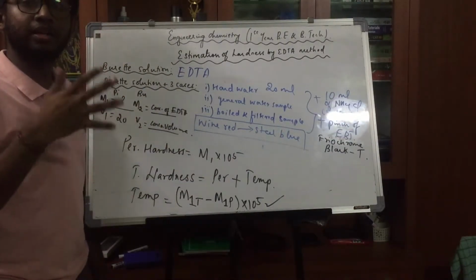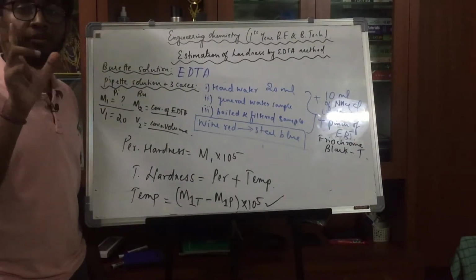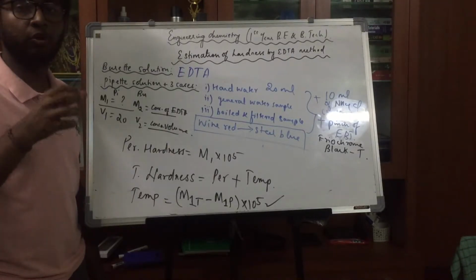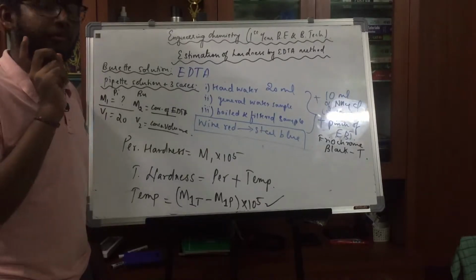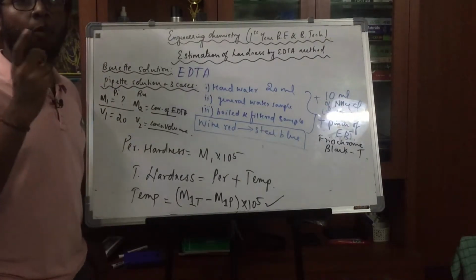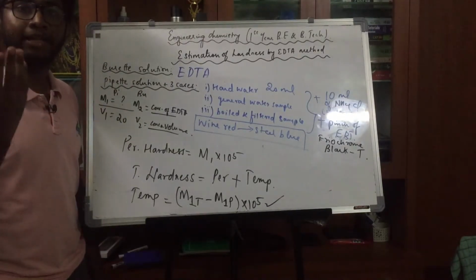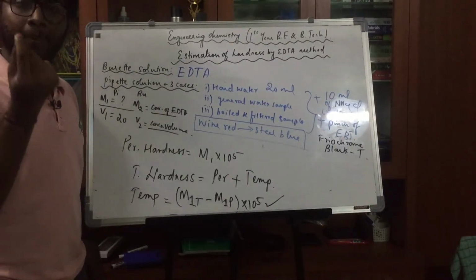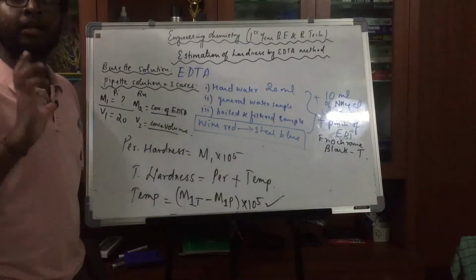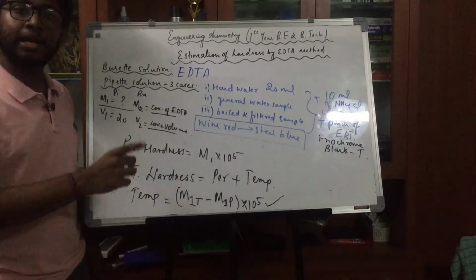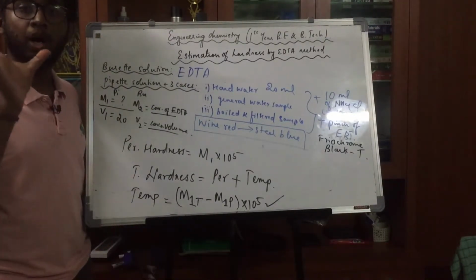All these samples are taken in a volume of 20 ml by pipetting it out. And then you add 10 ml of ammoniacal chloride, which is the buffer solution to maintain the pH. And then you add a pinch of EBT, which is eriochrome black T. Eriochrome black T will react with calcium and magnesium to form a complex.